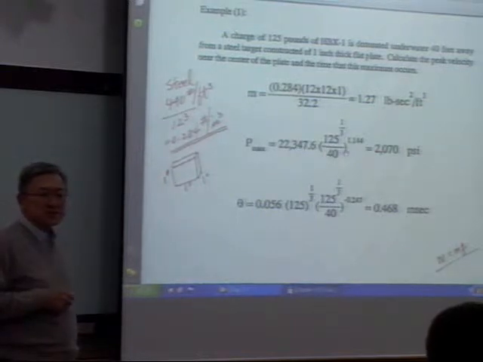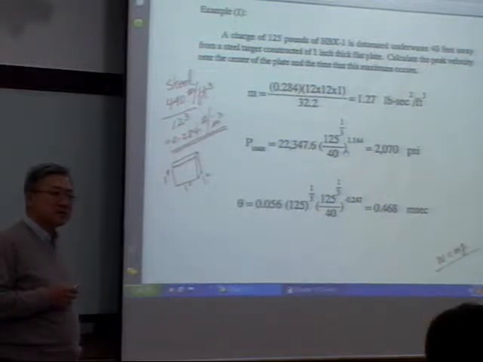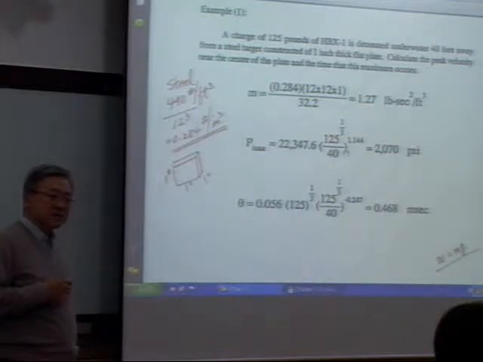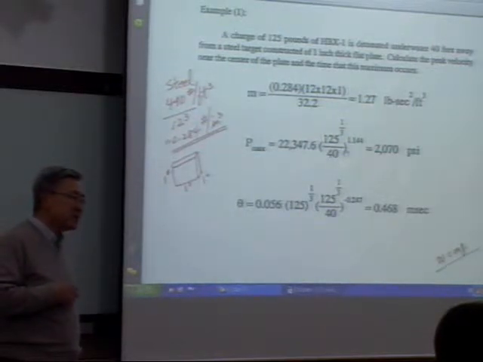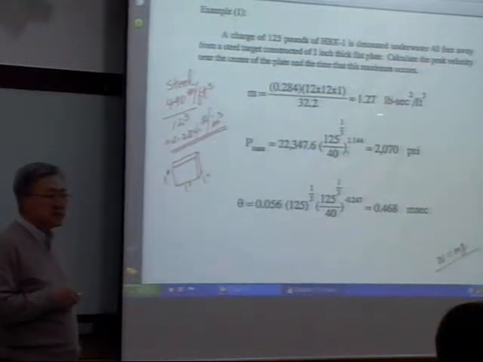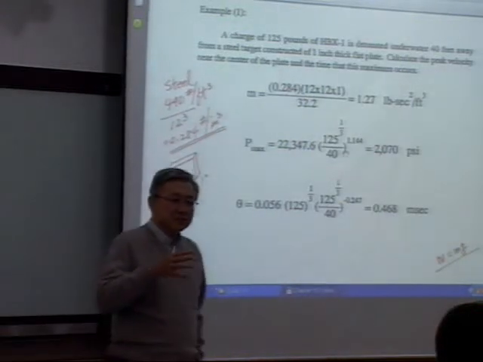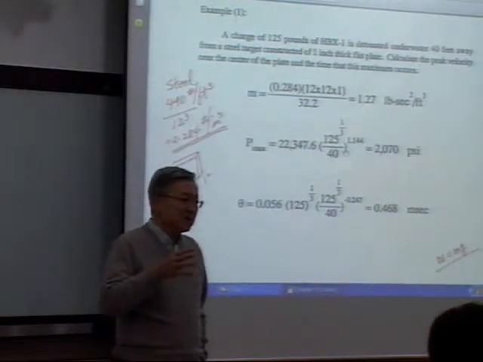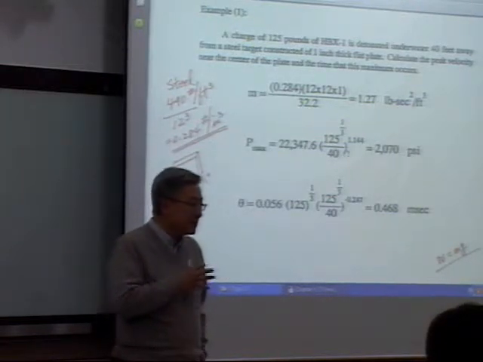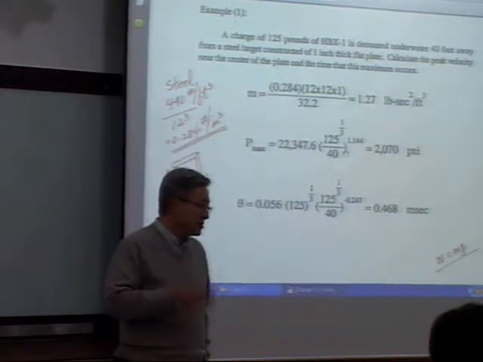Don't confuse the unit. The gravitational unit uses pound as a basic unit, but metrics is kilogram. Which is mass, here is weight. So gravitational unit uses pound, feet, and second. But for the metrics, it's kilogram, meter, and second.